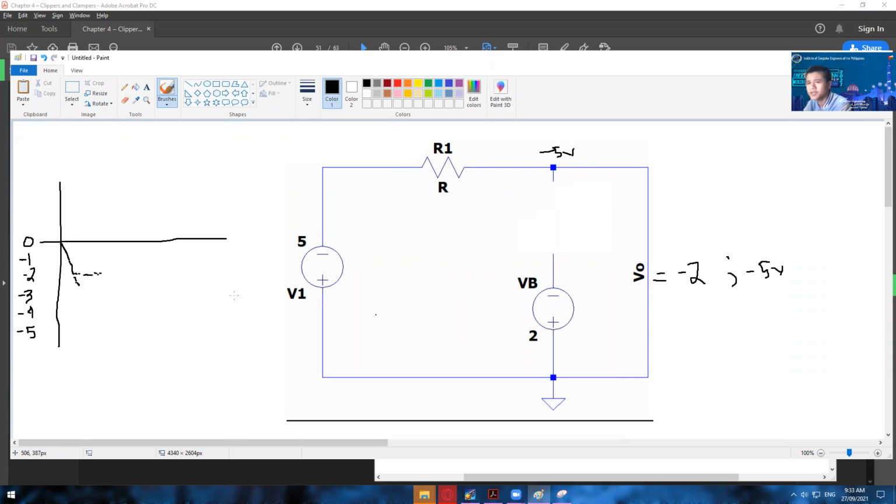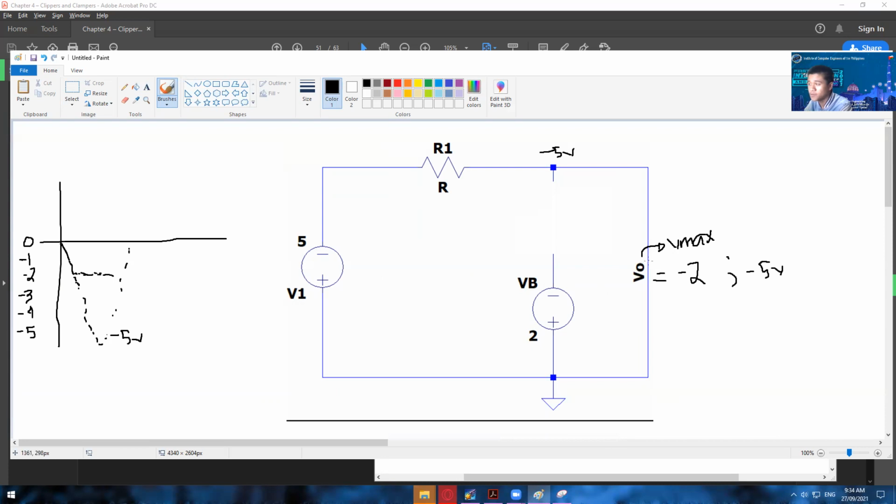So initially, when VI is lesser than VB, we have a reading of negative 2 volts, which is this one. But after that, we have another reading, which is negative 5 volts, which is, of course, the final reading, since our VO is always equal to Vmax. So when we say VO, it's equal to the Vmax itself.